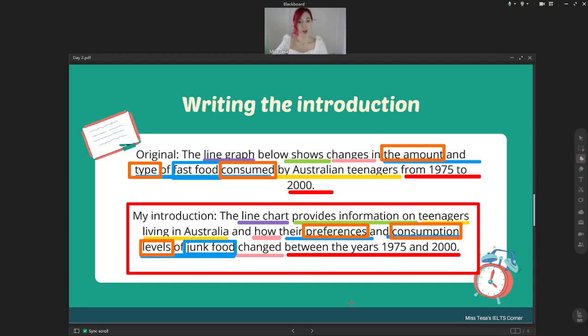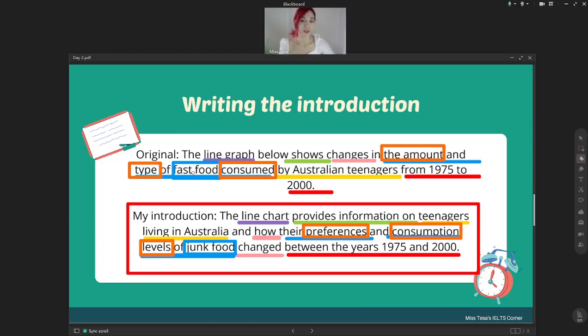The line chart provides information on teenagers living in Australia and how their preferences and consumption levels of junk food changed between the years 1975 and 2000. Right? So, see how many things we changed here, but we still kept the original meaning of the task.